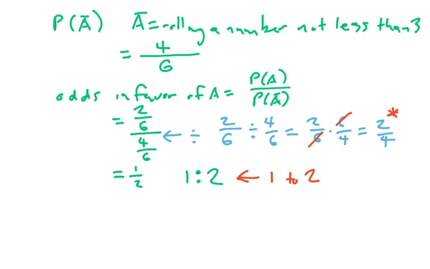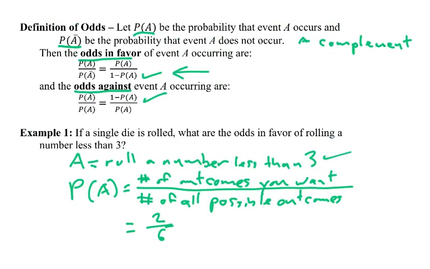Now, that all sounded really, really complicated, so I want to make it easier if we at all can. I want to look at the number where I had the asterisk, 2 over 4. And I want to think about where that came from and what the 2 and the 4 represent. The 2 came from the numerator of the probability of A. If you can see that right there.